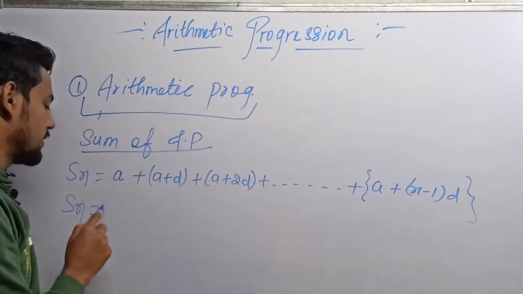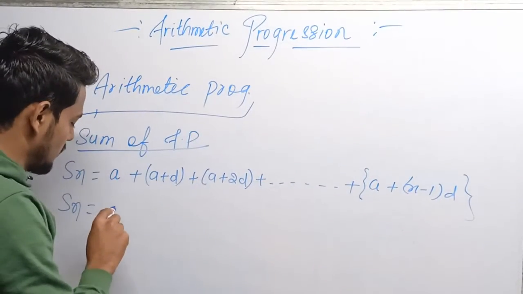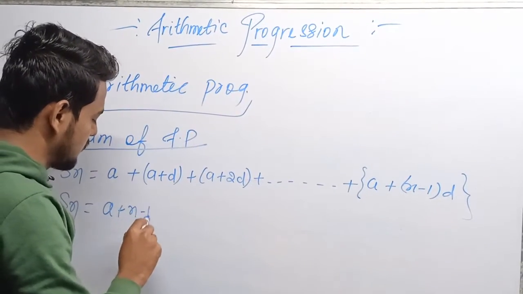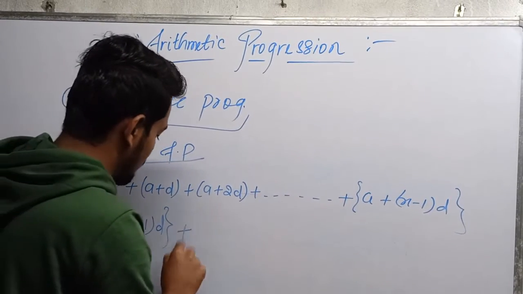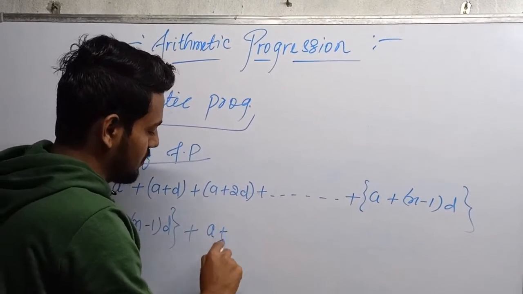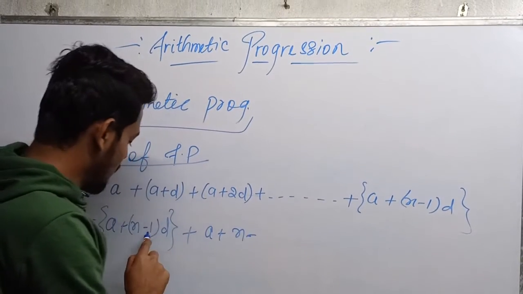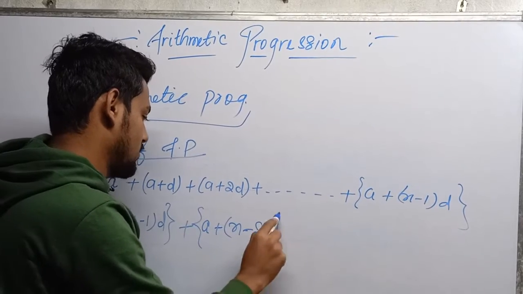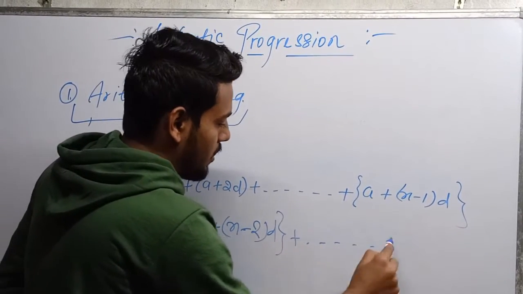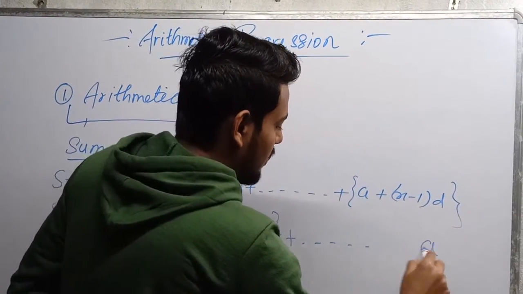Let's write it in reverse order. It becomes a plus (n minus 1)d, then a plus (n minus 2)d, and the last term will be a.